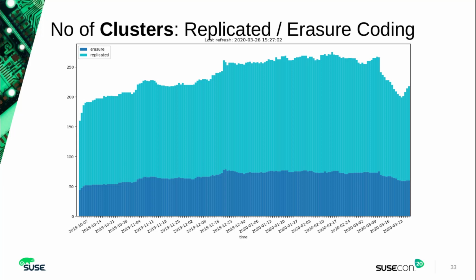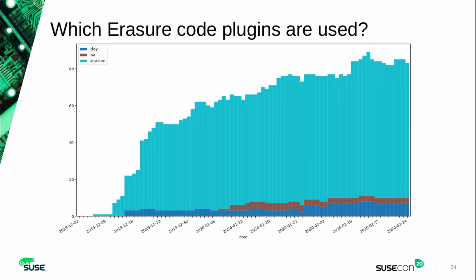Sometimes telemetry just confirms what you already knew. For erasure coded pools, Ceph supports different algorithms how those erasure codes can be computed. Which of those plugins get used in the real world? Again, this is a data point that has not been transmitted by telemetry always, so this is again a shortened graph.